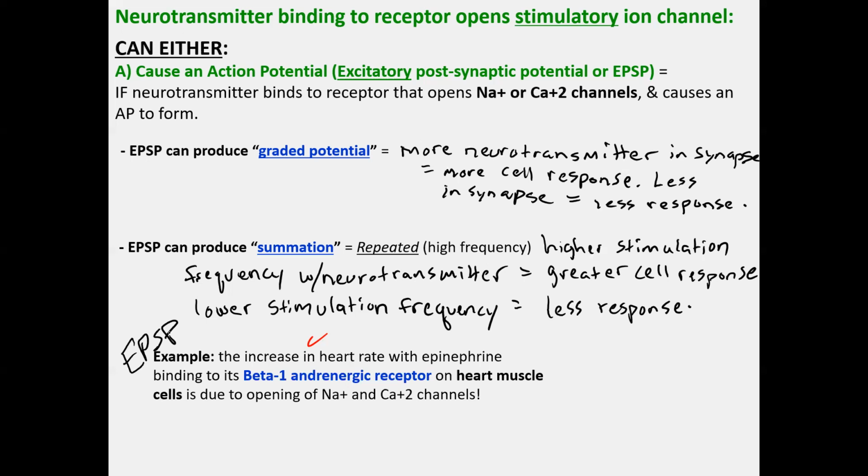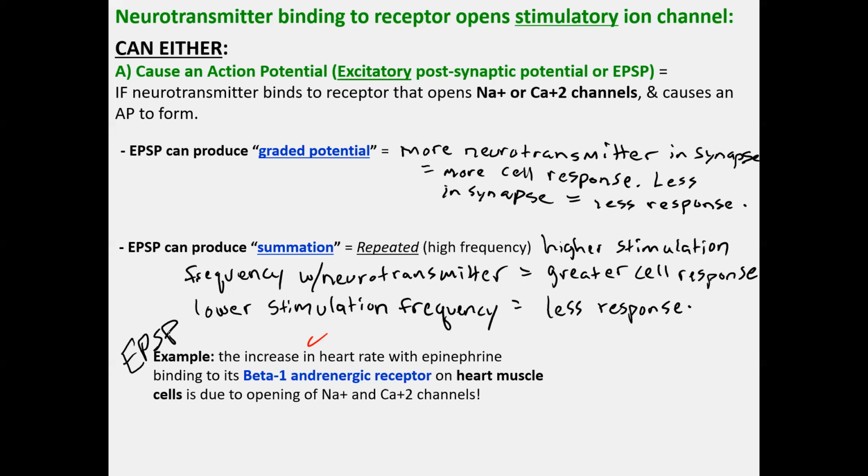So I'm adding something here. Epinephrine, which is your fight-flight hormone, also known as adrenaline, binds to a specific receptor on heart muscles. The name of that receptor, and I'll get to it much later, and you'll learn it, is called a beta-1 adrenergic receptor.